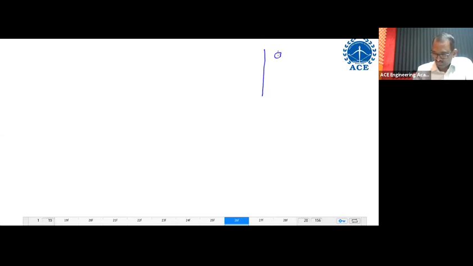In the margin of your notebook, write like this: A here, B here, f of A here, f of B here. Because the root lies between A and B. Treat it as a 2 by 2 matrix determinant.